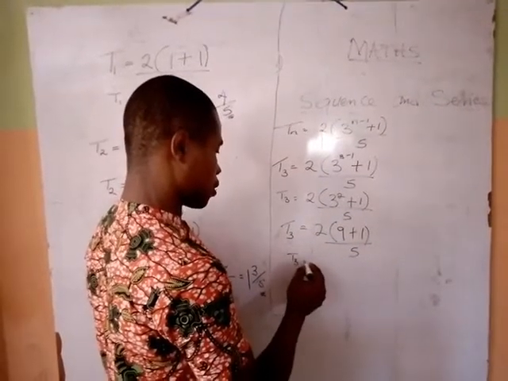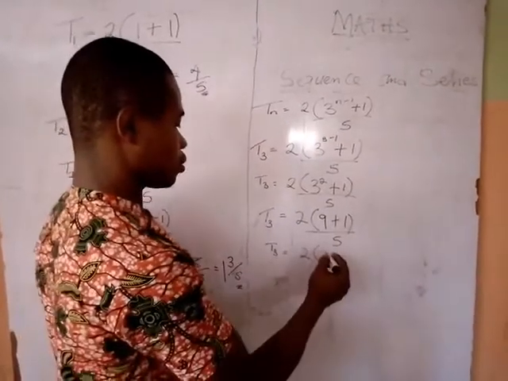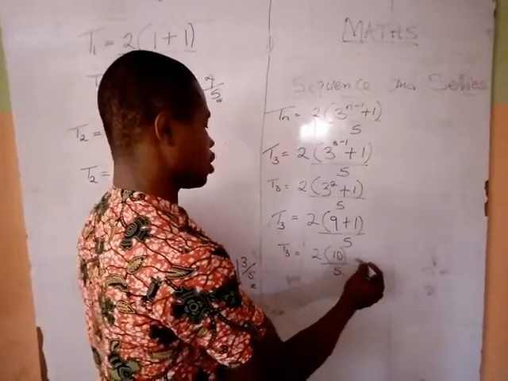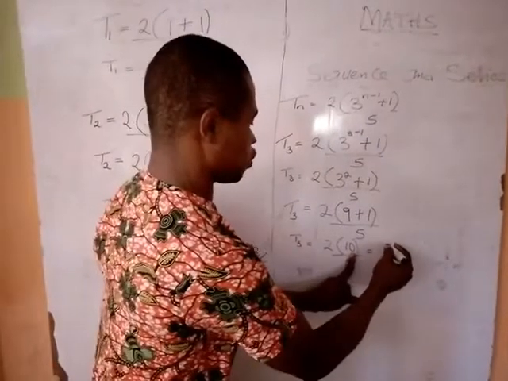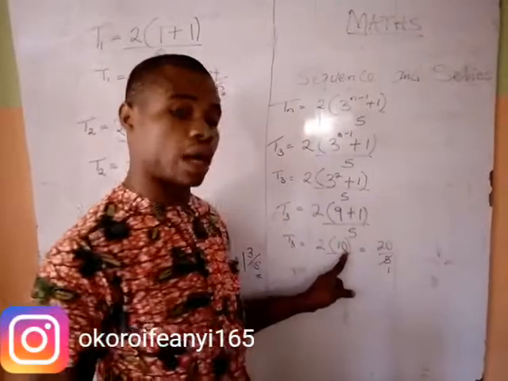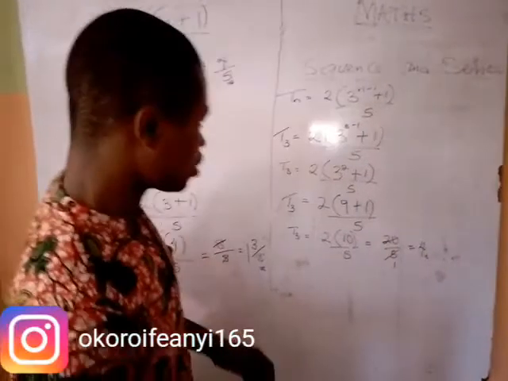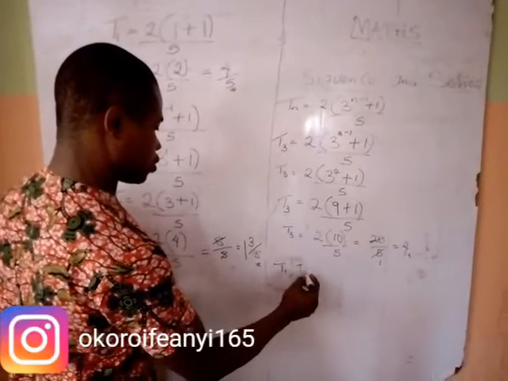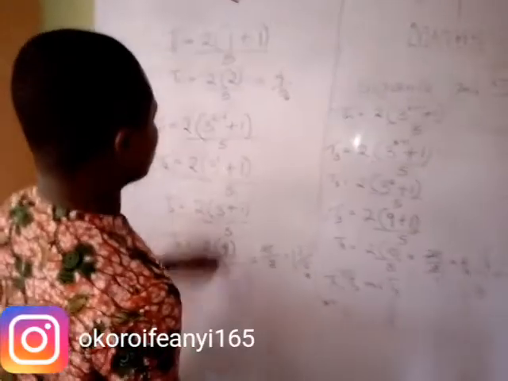Have your T3 equal to 2 in bracket, 9 plus 1 gives us 10, all over 5. So here we have 2 times 10 by opening the bracket to give you 20, all over 5. 5 cancels itself. 20 divided by 5 gives us what? 4.